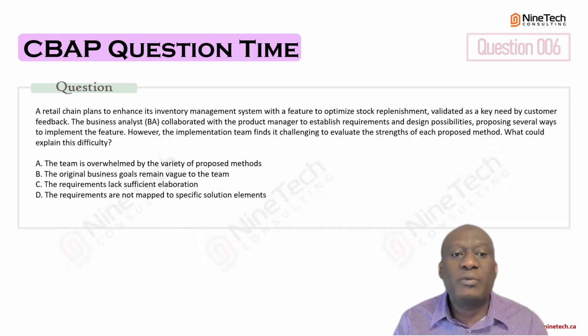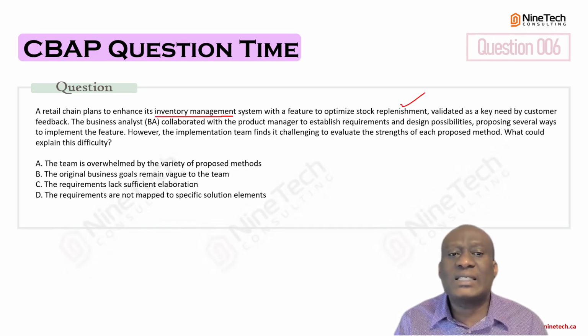Number 6. The retail chain plans to enhance its inventory management system with a feature to optimize stock replenishment. Okay, so we have an inventory management system validated as a key need by the customer feedback. So this is a high priority for the customer.